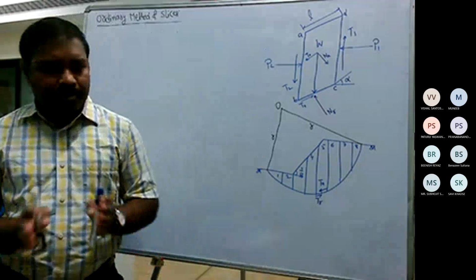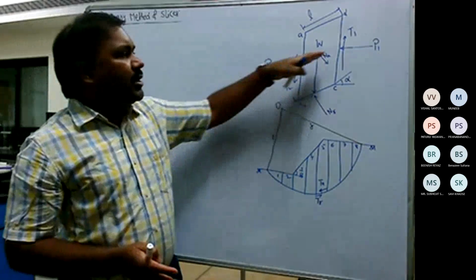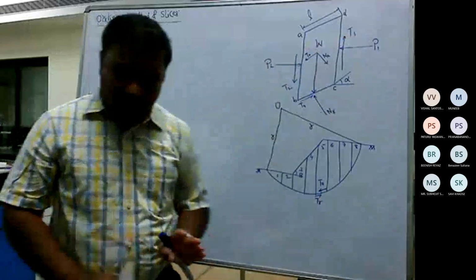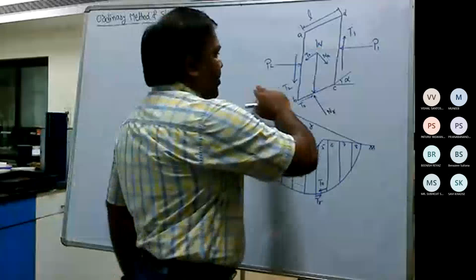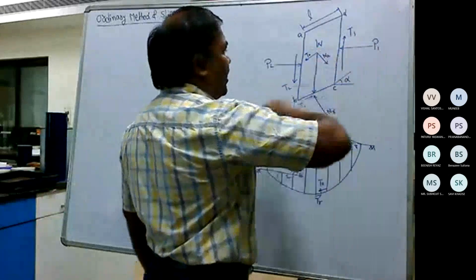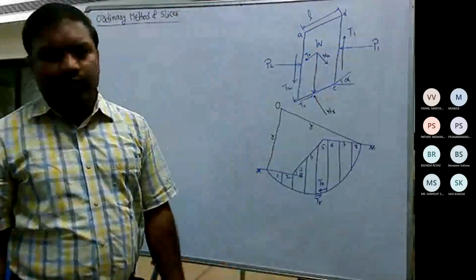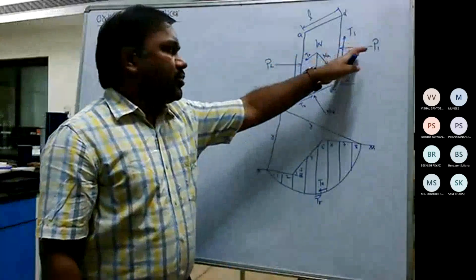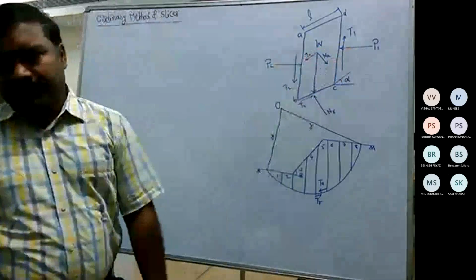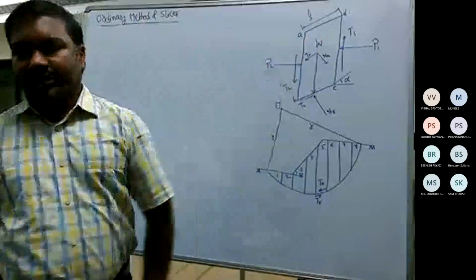Their contribution is absolutely zero in both terms. That is the basic assumption in the ordinary method of slices. Since the moment is obviously zero, we don't need to consider the normal and tangential forces of each slice.